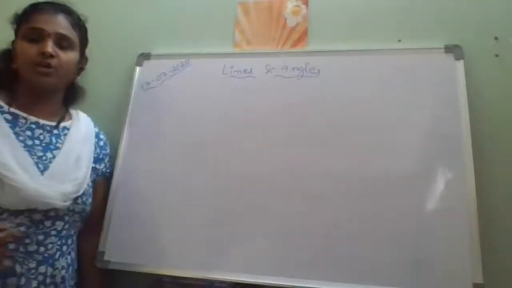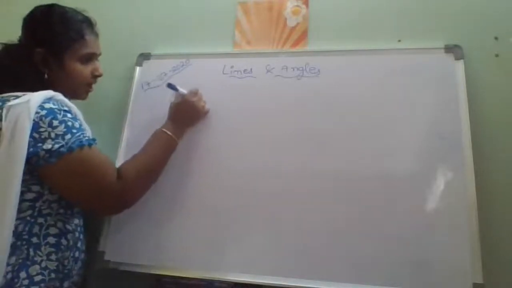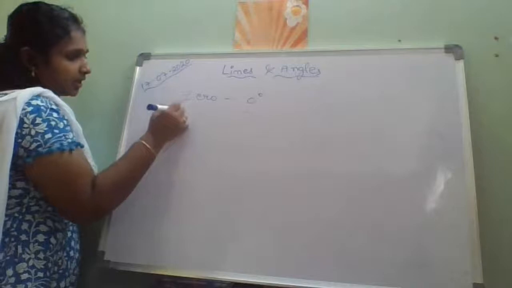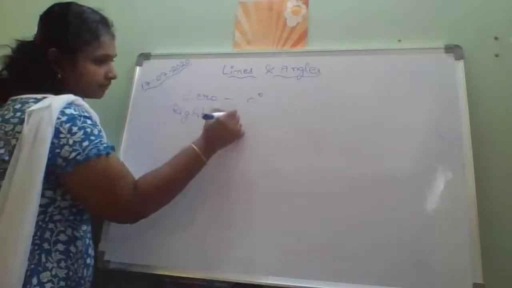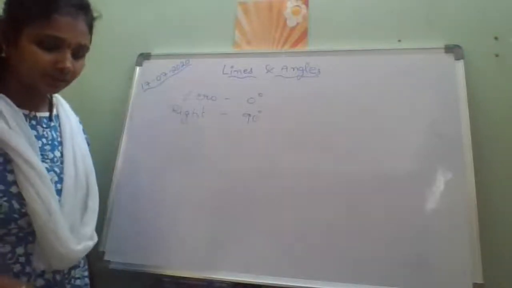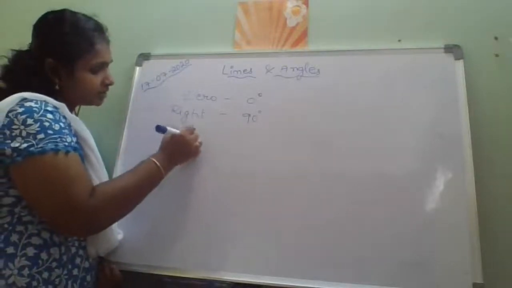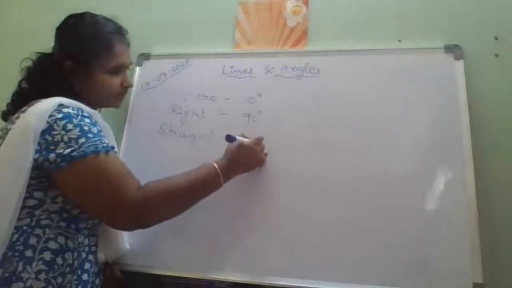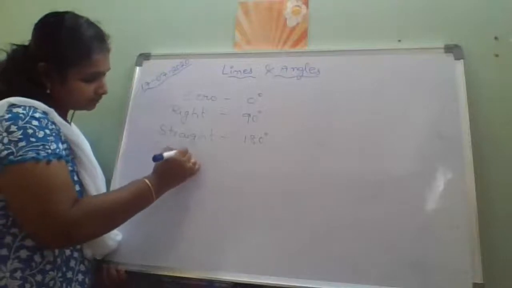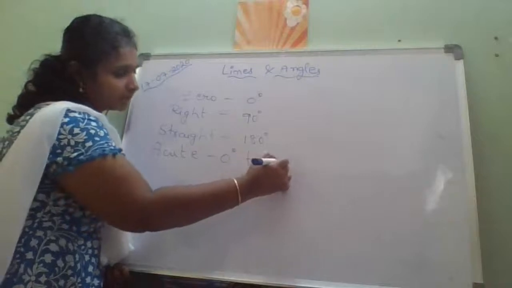You already know about acute and obtuse angles. A zero angle means zero. A right angle means 90 degrees. A straight angle is 180 degrees. Next, acute means 0 to 90.